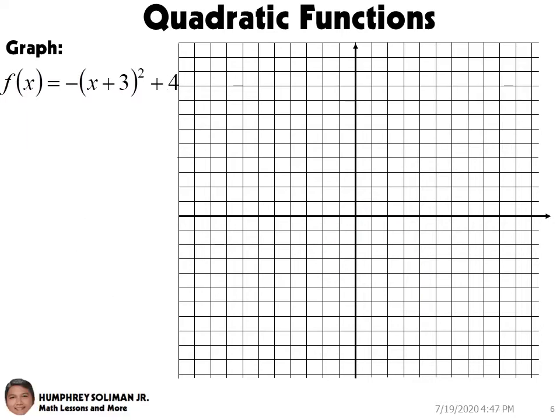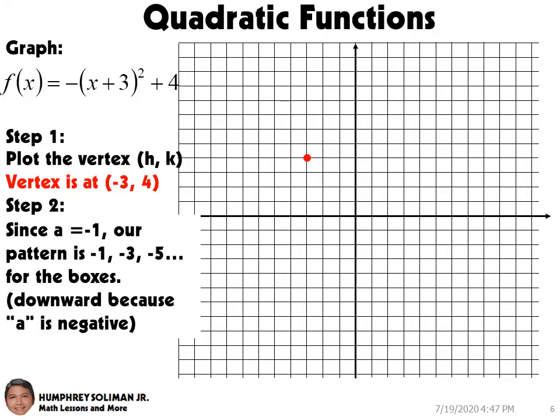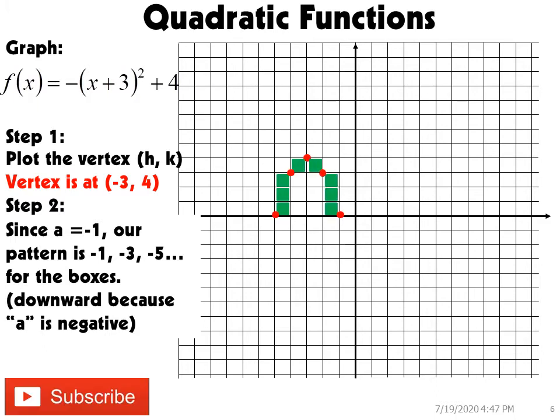Okay, for our next example, we have f of x is equal to negative quantity x plus 3 squared plus 4. Step number 1, we plot the vertex (h, k). Here, our vertex is at (-3, 4). Step number 2, since a is negative 1, our pattern will be negative 1, negative 3, negative 5, and we will draw the boxes downward because our a is negative.